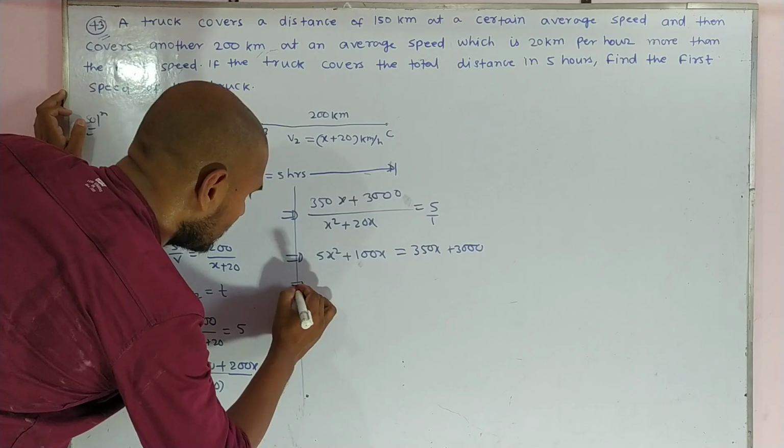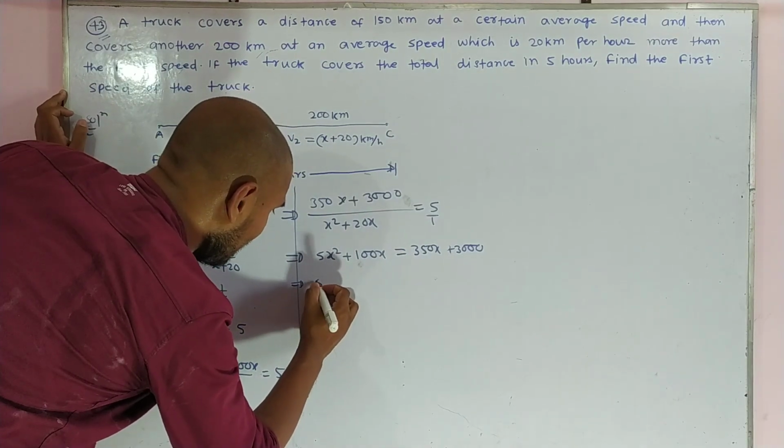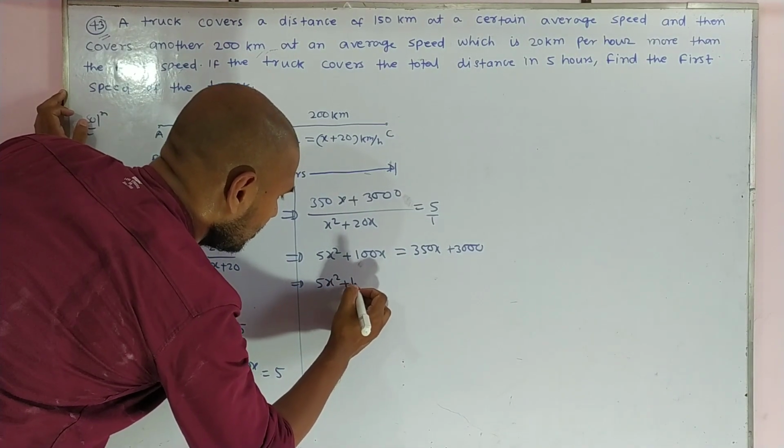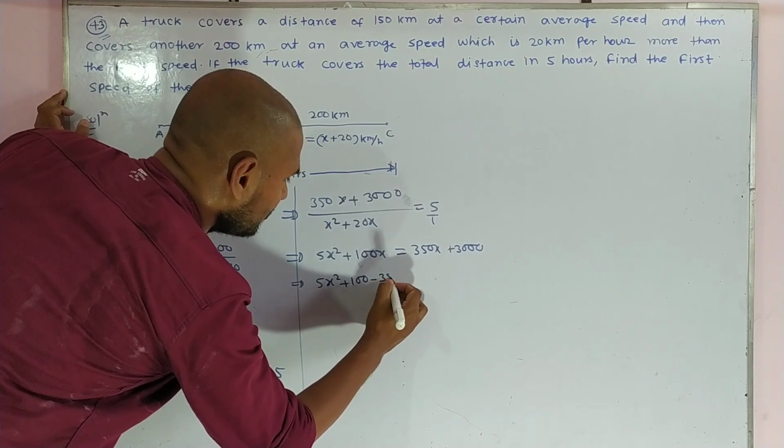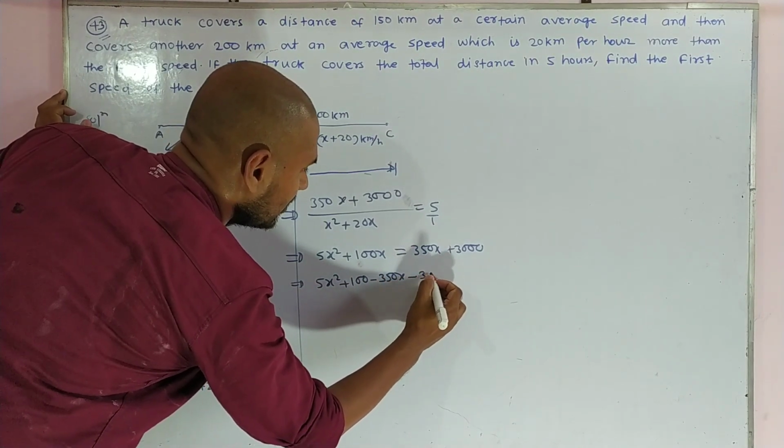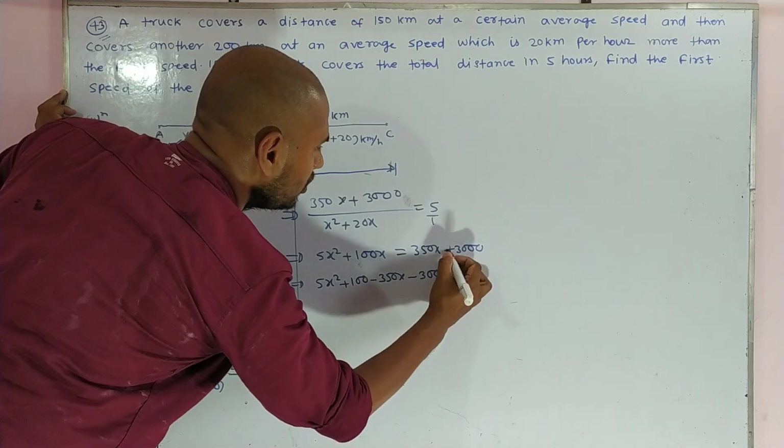As you take the 350x to the left side, it becomes negative 350x minus 3000 equal to 0.